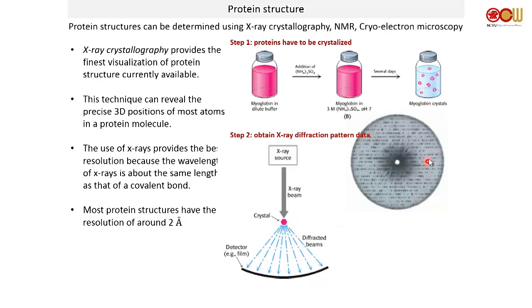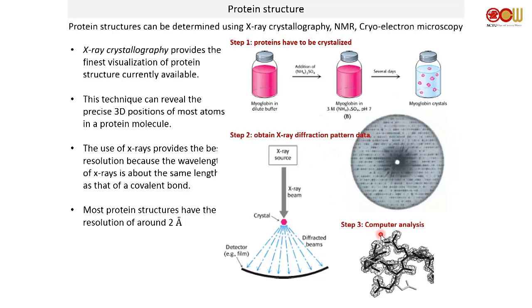Now, no one can look at this and immediately tell you what it is, especially nowadays. So you feed this data into a computer, and through analysis, the computer will give you an electron density map. Okay? And from this electron density map, you can assign what elements are there. For example, we know that oxygen captures a larger electron density than carbon.